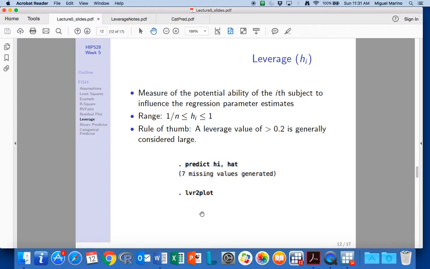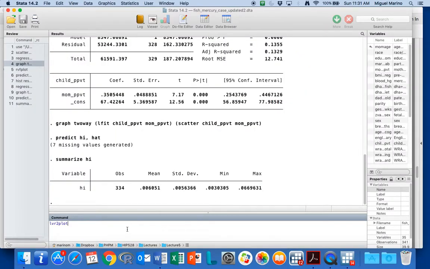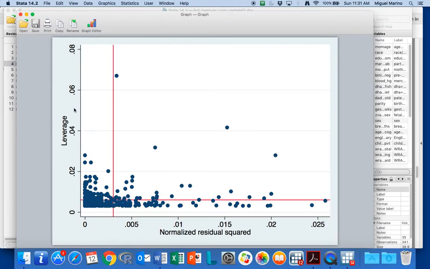This is a built-in function that calculates the leverage and plots it against something called the normalized residual squared, which is how far the regression line and the data points are apart. This gives you a sense of the range of leverage, here anywhere from 0 to 0.08. If it went from 0 to 0.2 and there were any values above 0.2, that would be problematic.